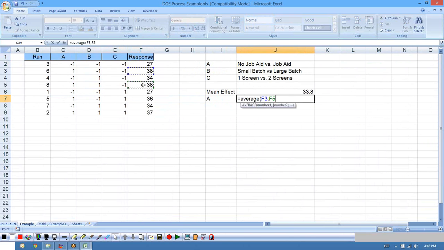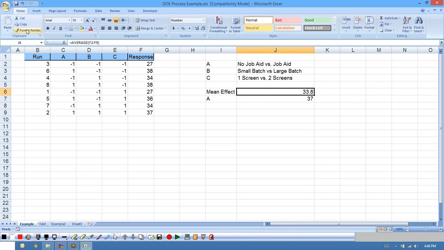There's another 38. There's a 36 and a 37. All right, so the average at the plus side is 38. Or, I'm sorry, 37. I'm going to try and format these.